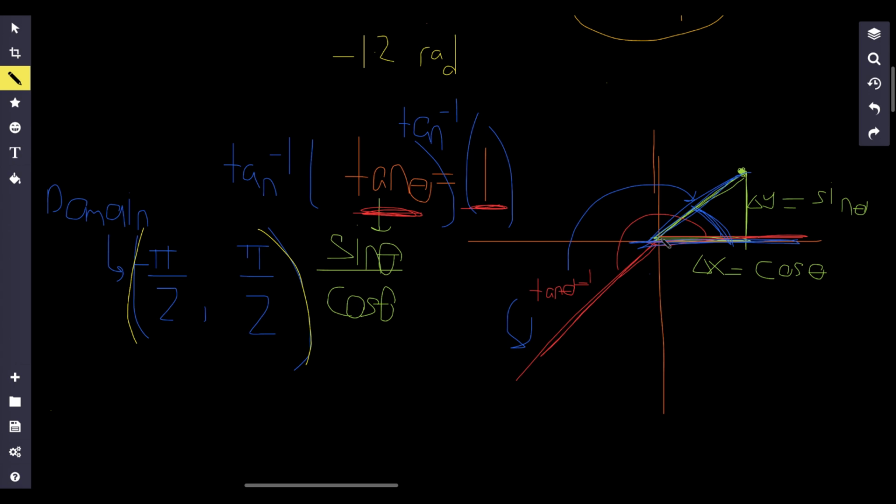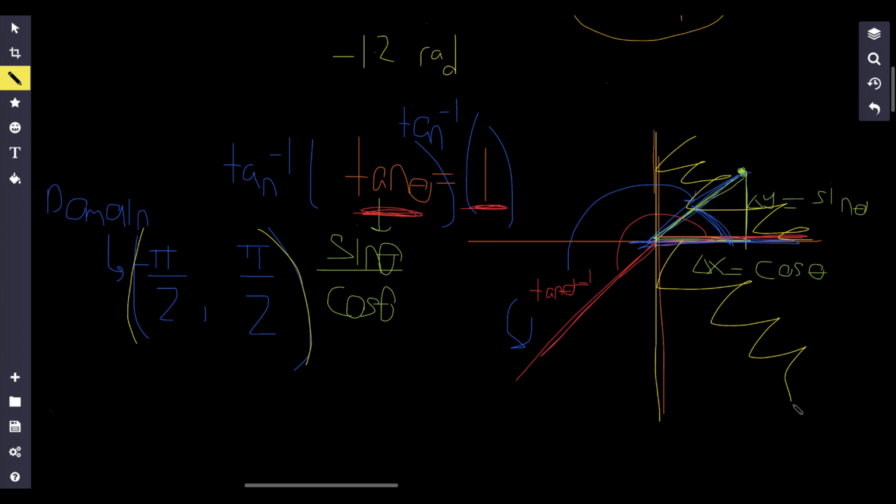But basically, notice how this angle right over here is over pi over 2, right? Let me just draw this out here. Pi over 2 radians is this, and negative pi over 2 radians is this. In other words, tan inverse gives me answers only located in the first and the fourth quadrant.